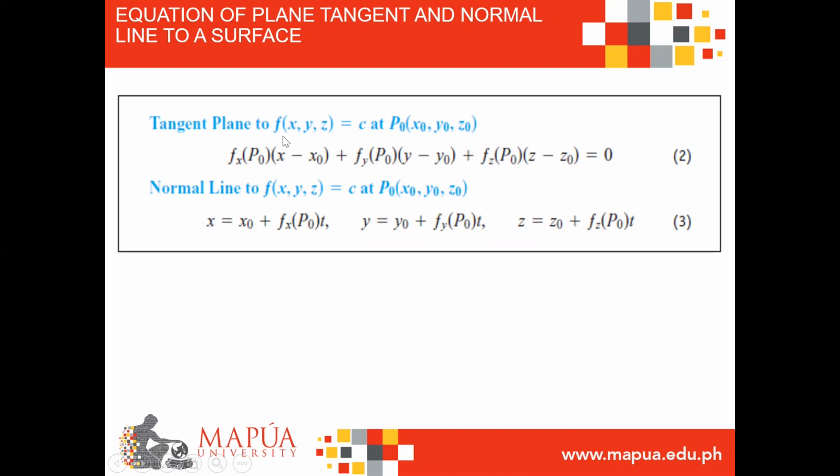So this is the equation of the tangent plane to the surface f of x, y, z equals c at the given point p sub 0 with coordinates x sub 0, y sub 0, and z sub 0.